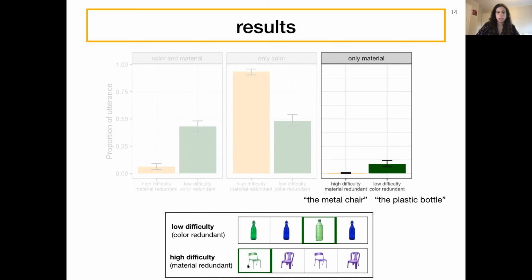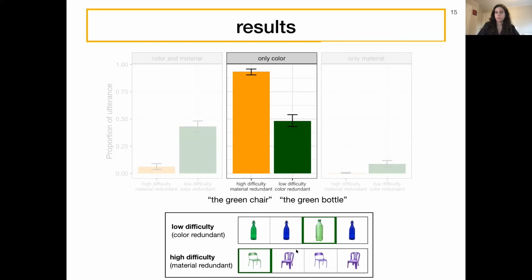For example, calling this green metal chair the metal chair is underinformative because there's another metal chair here, the purple one. In the middle, we have the proportion of non-redundant only color utterances, and they were used more in the high difficulty trials because in these trials, mentioning the color was sufficient.